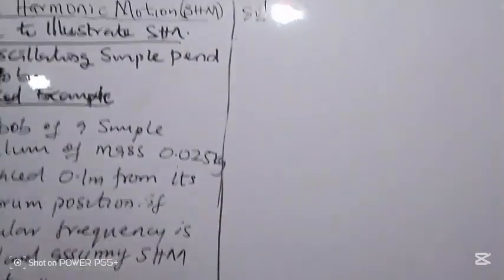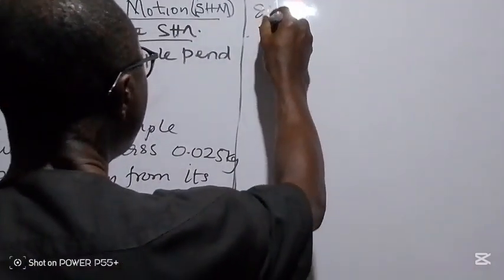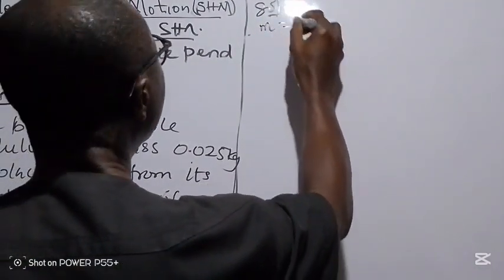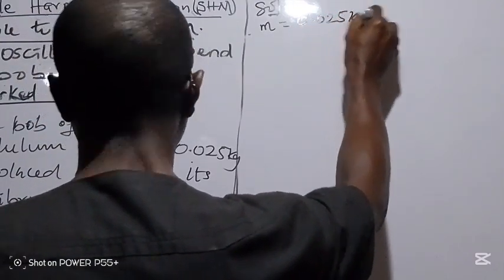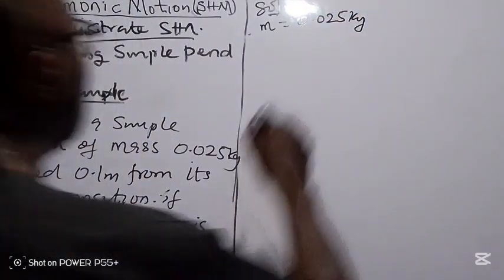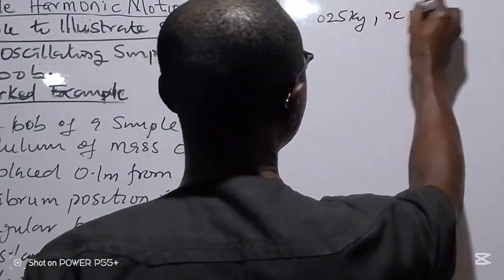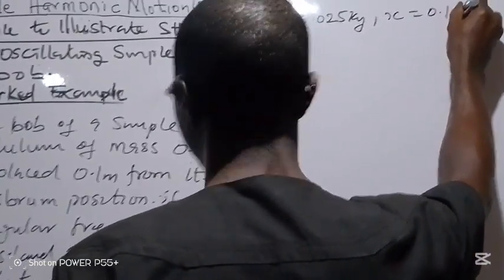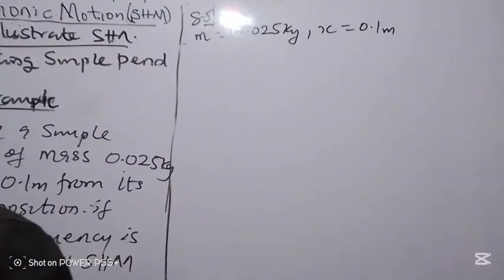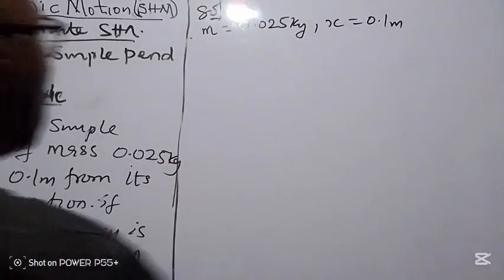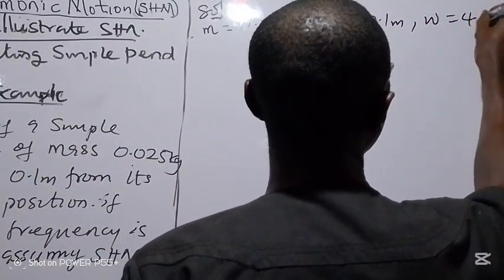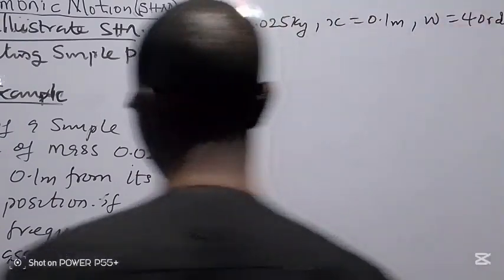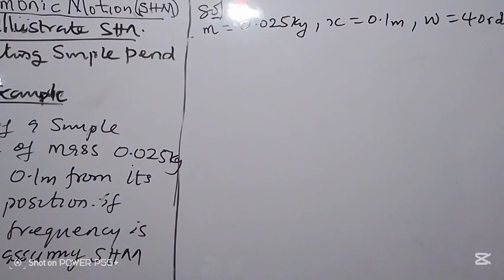Let's write down the parameters in the question. Mass of the bulb is given as 0.025 kg. Displacement S is given as 0.1 meter. Then from the question, angular frequency is 4.0 rad per second. So we now have to calculate the energy of the system.